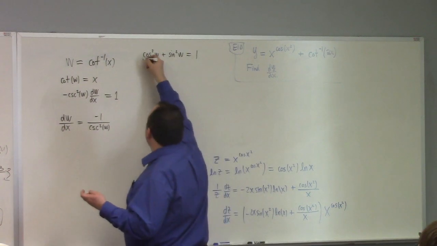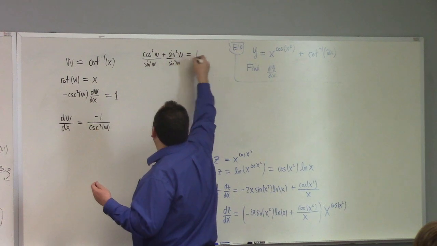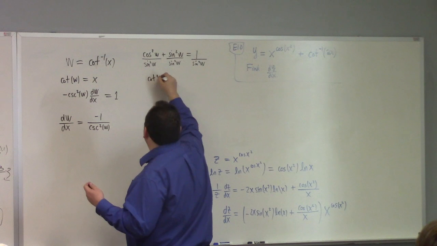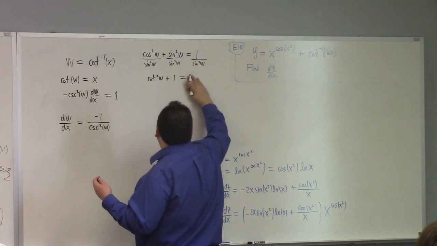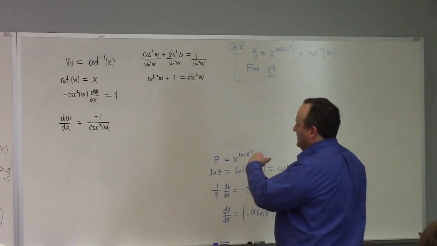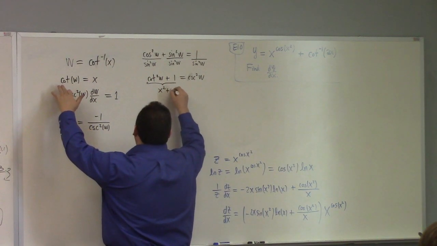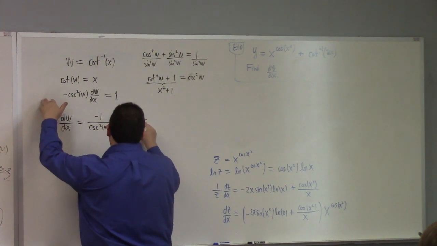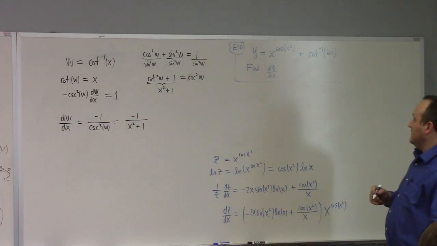Dividing this by sine squared gives me cotangent squared W plus 1 is equal to cosecant squared W. Aha! And by the way, cotangent W is x. So this is literally x squared plus 1 here. So we get minus 1. Oh, I guess I did remember right. It's minus 1 over x squared plus 1. There you go. That's the derivative of inverse cotangent.